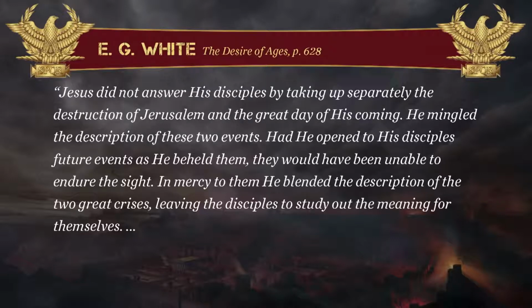Had he opened future events to his disciples as he beheld them, they would have been unable to endure the sight. In mercy to them, he blended. Notice, she used the word mingled. Now she says, in mercy to them, he blended the description of the two great crises, leaving the disciples to study out the meaning for themselves.